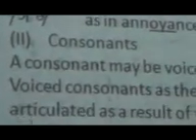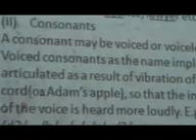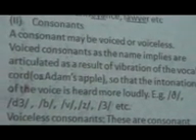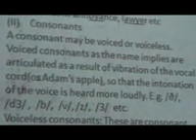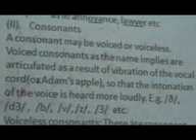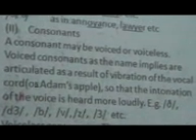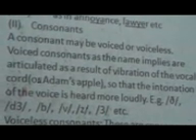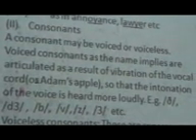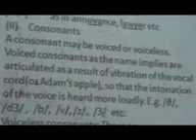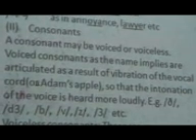Section II: Consonants. A consonant may be voiced or voiceless. Voiced consonants, as the name implies, are articulated as a result of vibration of the vocal cord, known as Adam's apple, so that the intonation of the voice is heard more loudly.